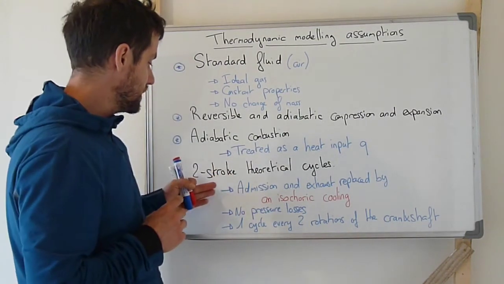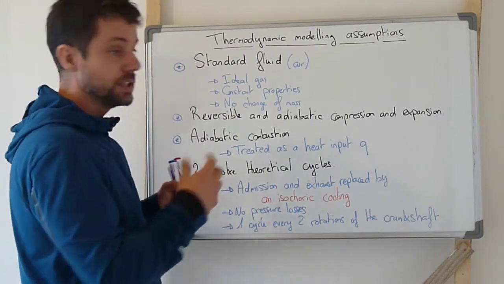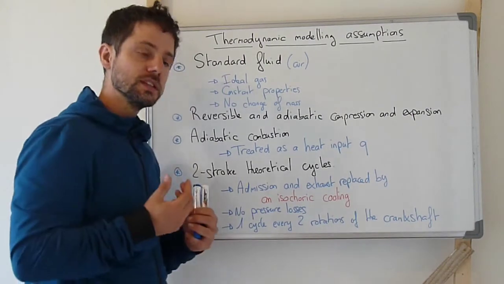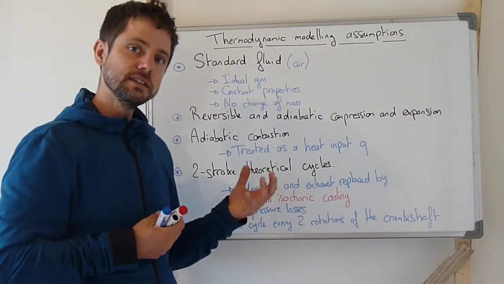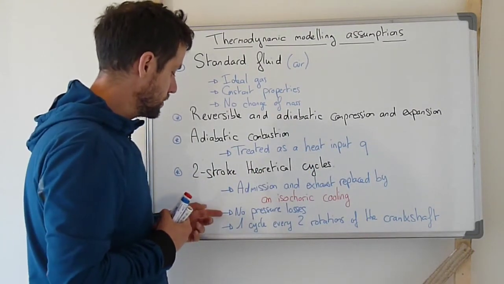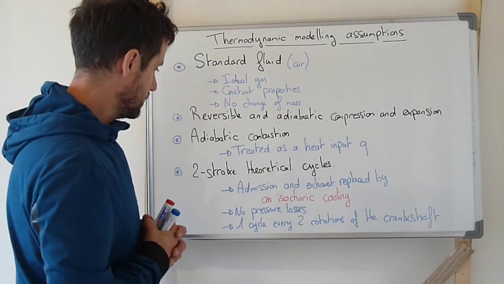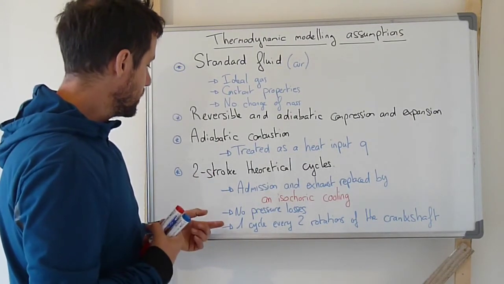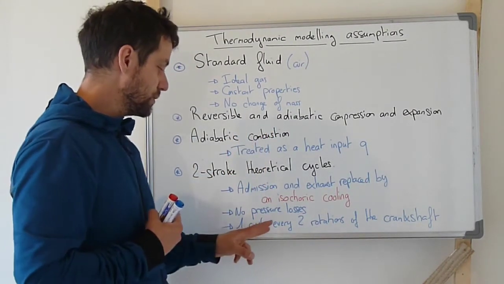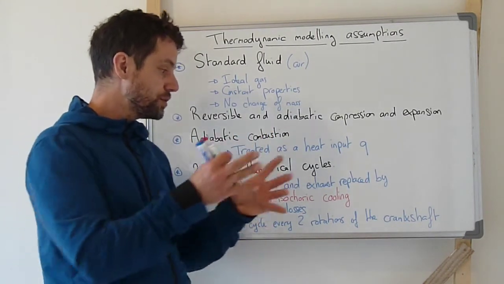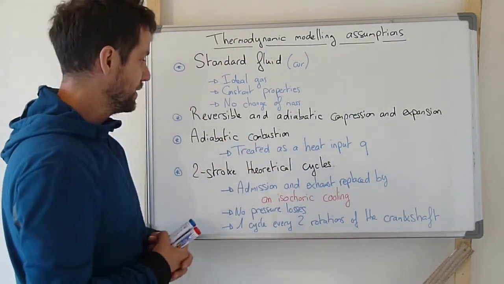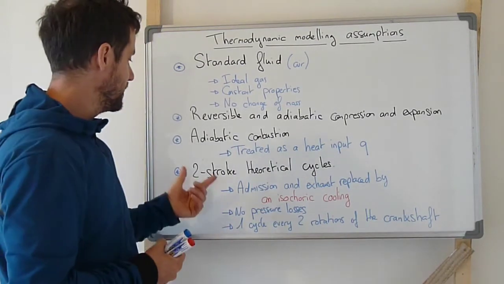So, doing this approximation that you will see in the theoretical cycles, it means also that we don't consider the pressure losses that were highlighted during admission and exhaust. This is again an approximation, and because the theoretical cycles are only two strokes, we consider that we have one theoretical cycle every 2 rotations of the crankshaft, because we cannot just double the number of cycles with this modeling.